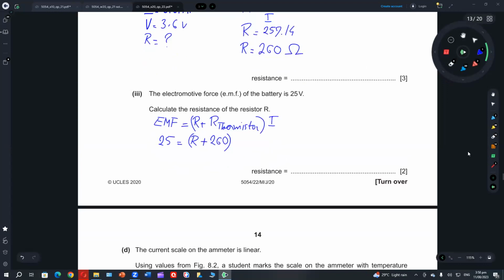The current is 0.014. Now you have to solve it. Let's put the unrounded value here.